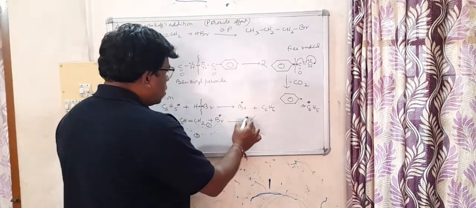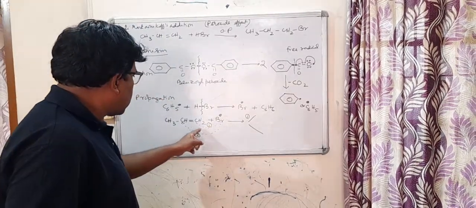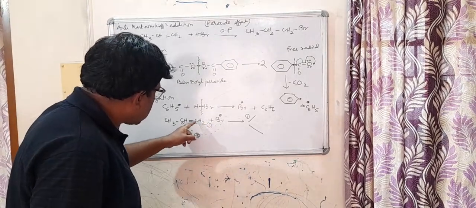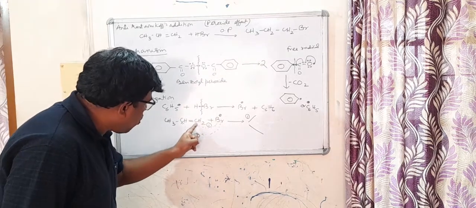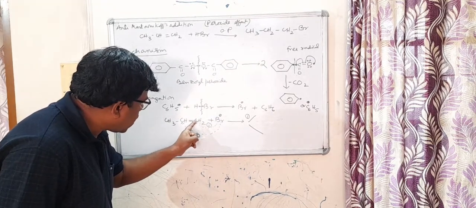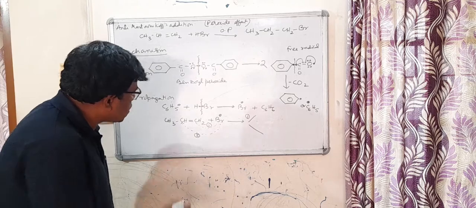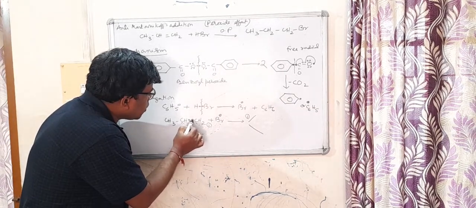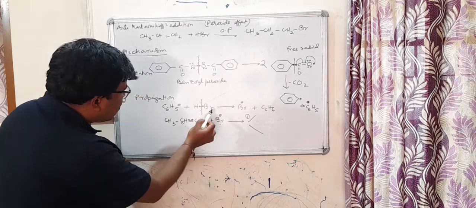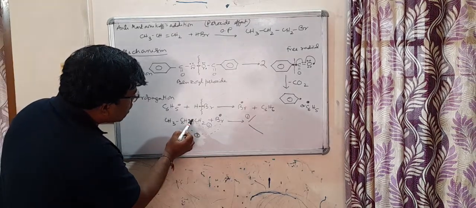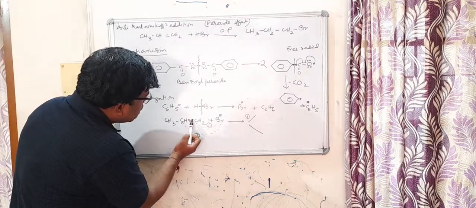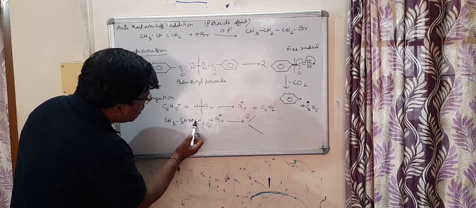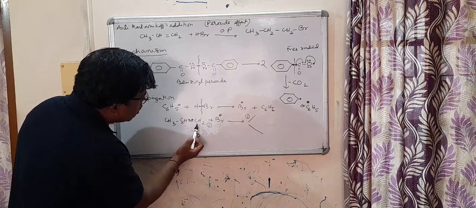Possibility number 1: if Br dot attacks here, that means the bond with Br will form here. Then the pi bond, which has 2 electrons, breaks, and one electron gets involved in the formation of the bond.